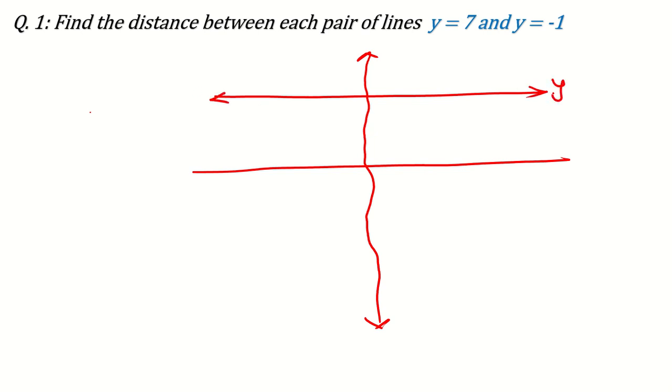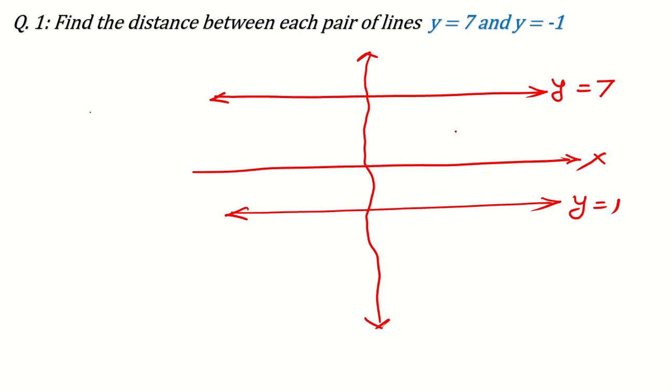I am not talking about the exact measurement, but take it as y is equal to 7, and another will be y is equal to -1. So it will be below the x-axis. This is the x-axis, so it will be like this, y is equal to -1. Now you see, distance of y is equal to 7 from the x-axis is what?